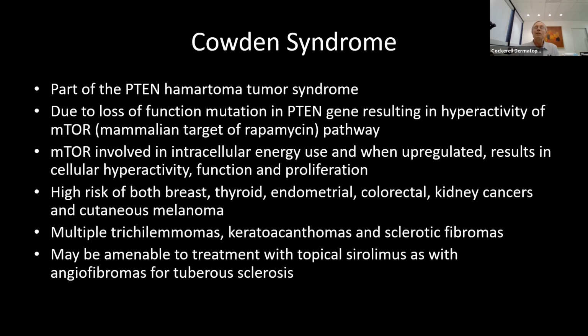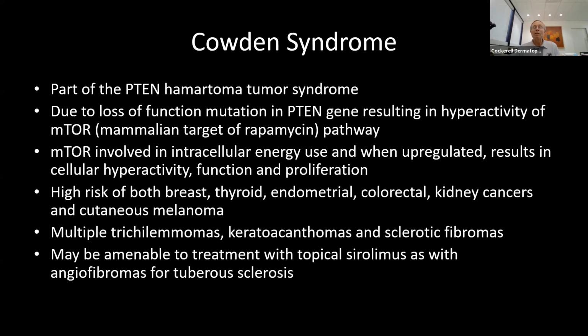So basically that's exactly right. So these are the kind of things you want to worry about. So it is part of this PTEN hamartoma tumor syndrome, which is this loss of function mutation in the PTEN gene that results in this hyperactivity of this mTOR, mammalian target of rapamycin, pathway.